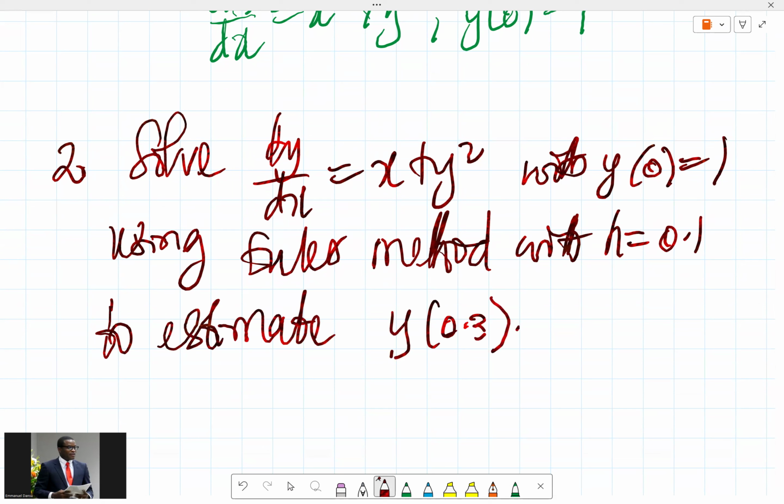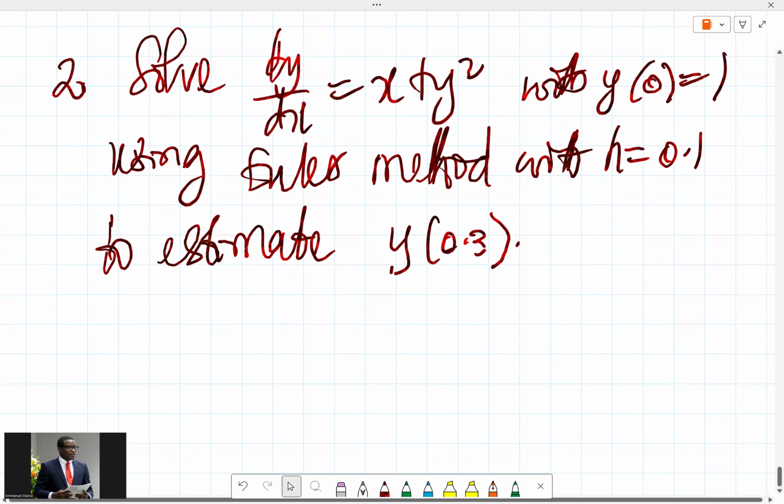That means 0, 0.1, 0.2, 0.3. You do it up to the fourth iteration. That's what that implies.